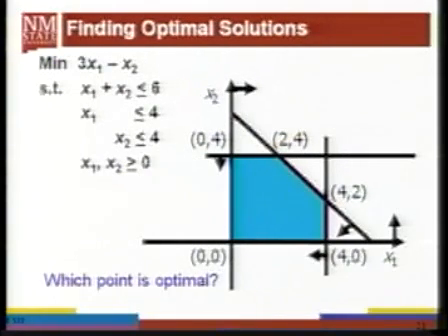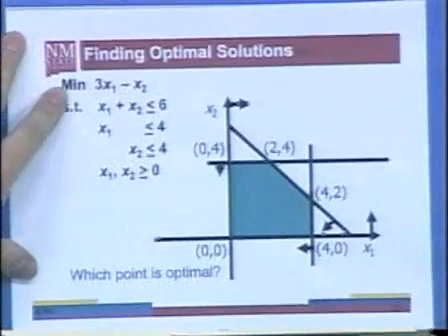Okay, then let's consider another example. Let's try to find which point is optimal. Okay? And now we are given the feasible region like this.